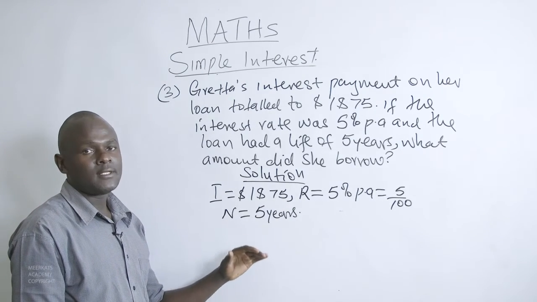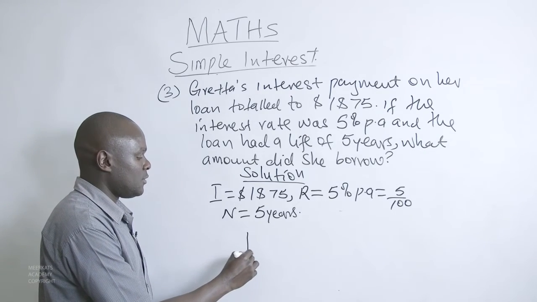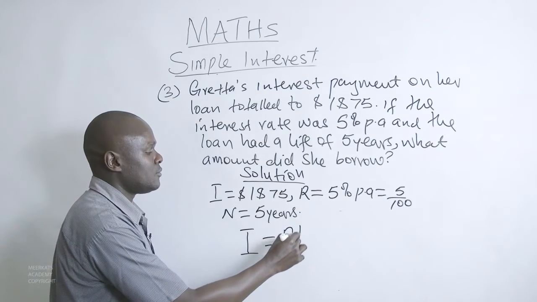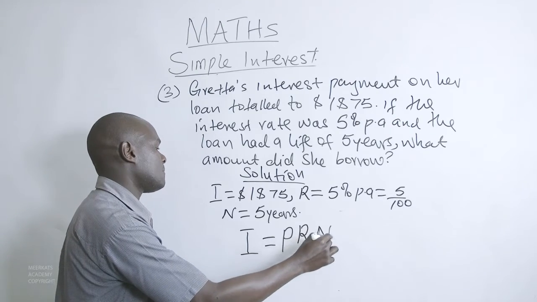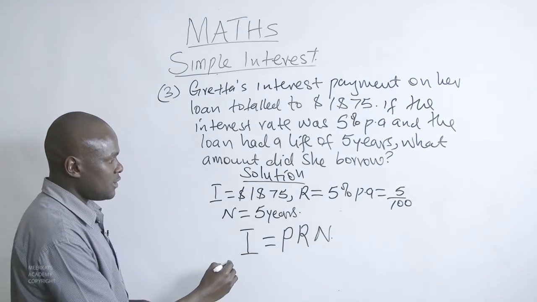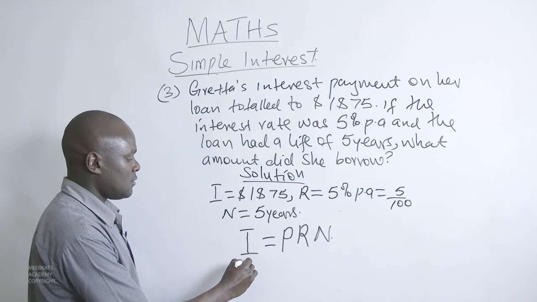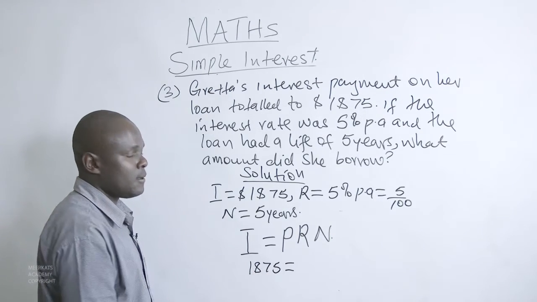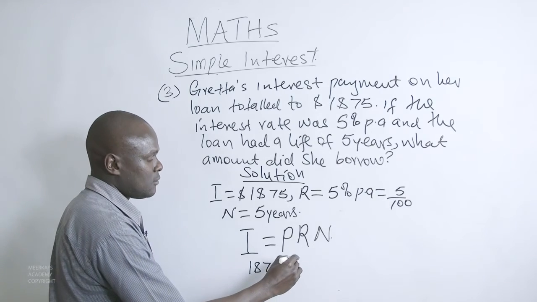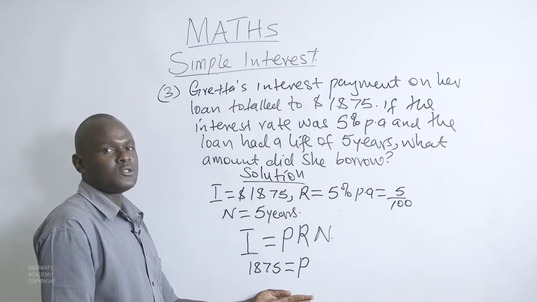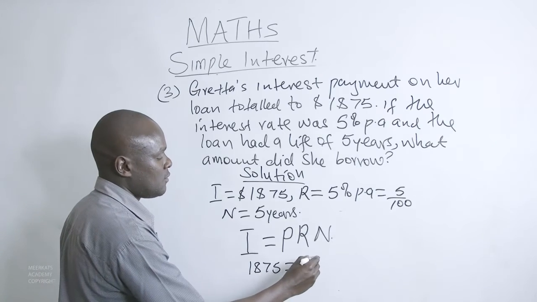We go ahead and write down our simple interest formula. Interest is equal to the product of the principal, the rate, and the period. We've been given the interest as $1,875. The principal amount that was borrowed, we've not been provided with. That is what we are going to calculate.